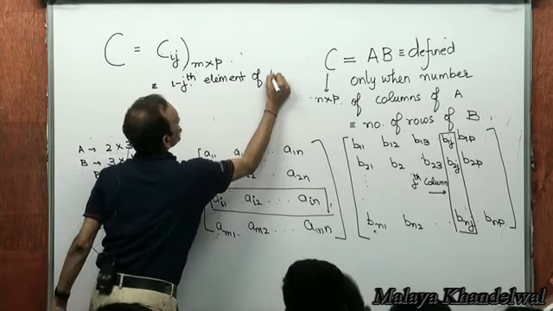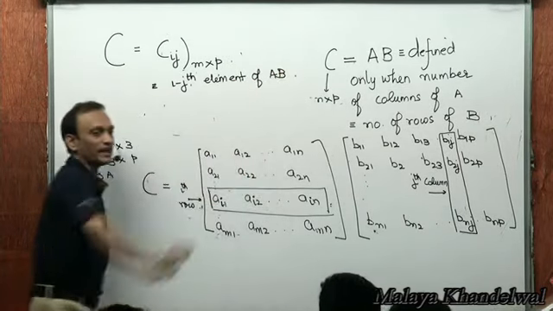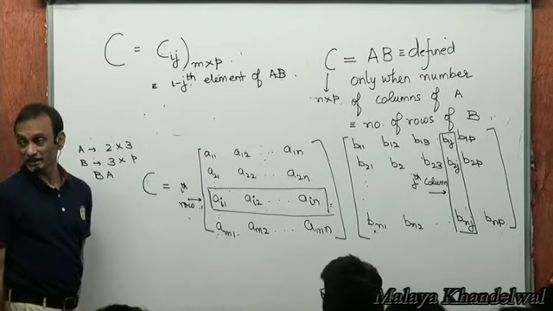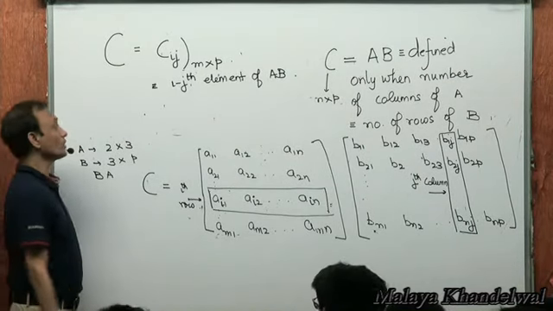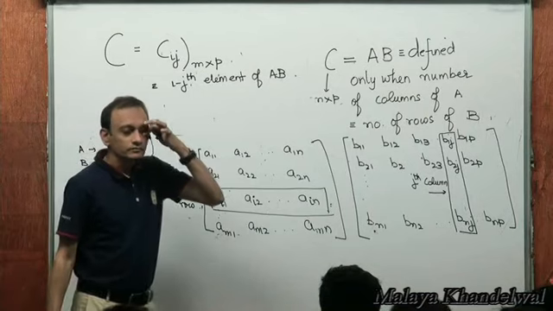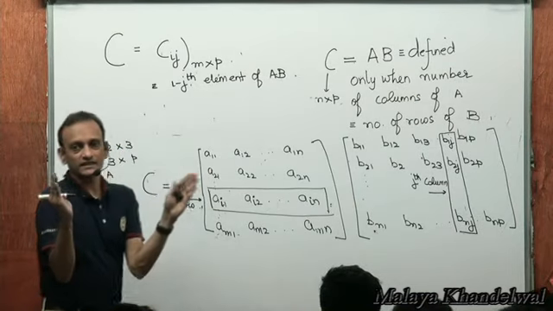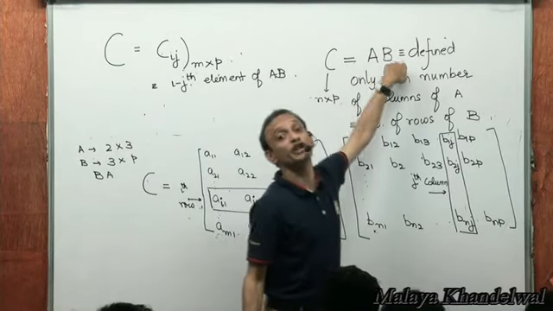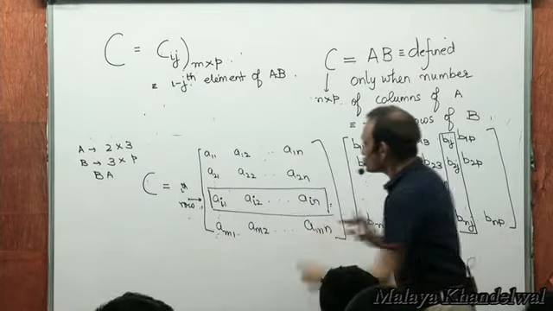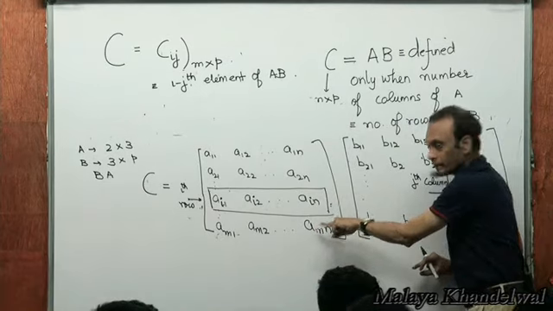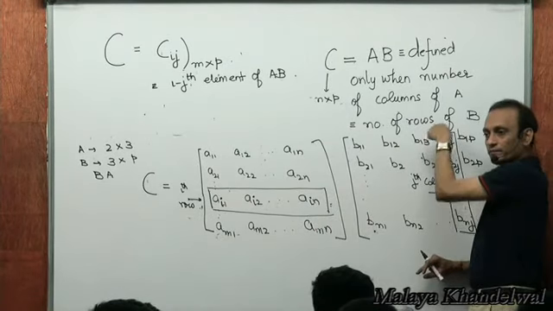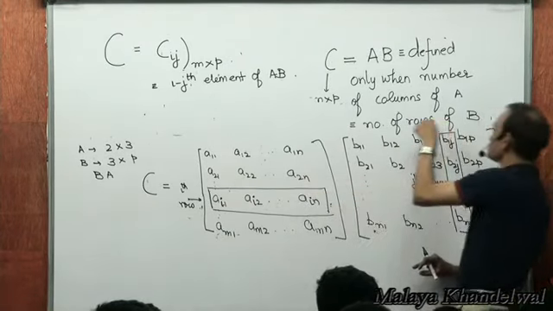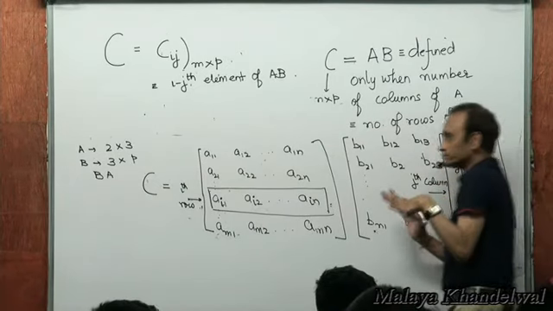This is what Cij is, isn't it? For that, we take the ith row of A and the jth column of B.